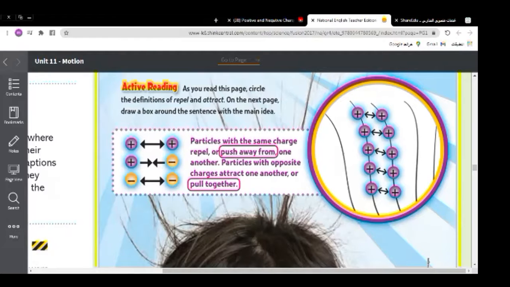Particles with the same charge repel, or push away from one another. Particles with opposite charge attract one another, or pull together. That's right. So we can notice all of them. Positive with positive, repel. Negative with negative, the same thing, push away from one another. But the last one, positive with negative, will attract.